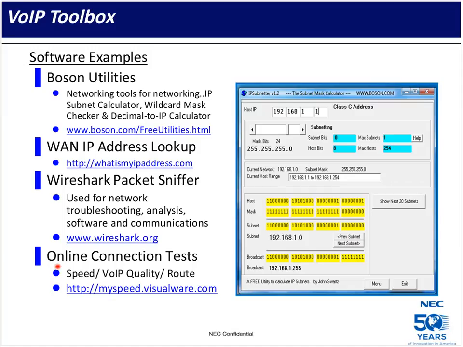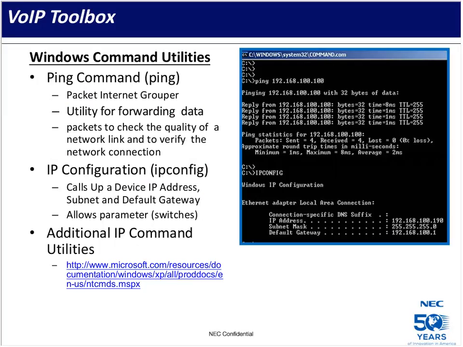And then there's online connection tests. MySpeedVisualware.com is one of them, but you want to be able to test the network for speed and testing. Then you'll have to become familiar with your Windows command utilities, both the ping command, packet internet groper, as well as your IP config command. And that's the other thing where tech support will go: you have an IP phone that's not coming up.